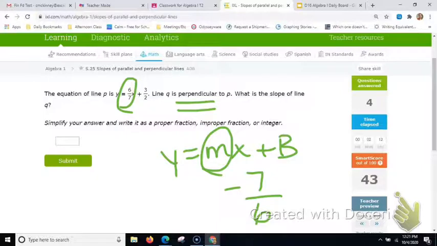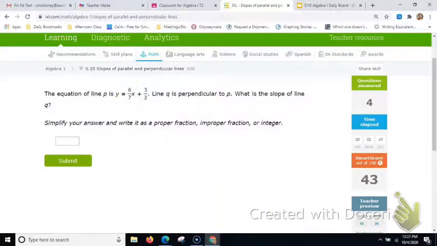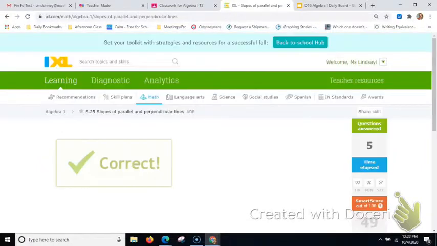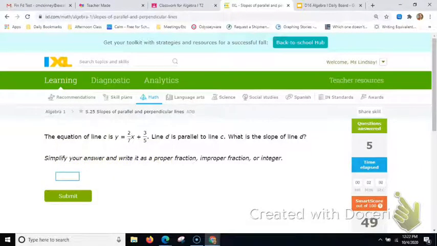So I have to find the slope in the equation now, and then if it says parallel, keep it the same. If it says perpendicular, opposite and flipped. Be sure you're using that number in front of the x. So this one says parallel, and again my slope is that coefficient of x. So 2/7. Parallel, we use the same slope.